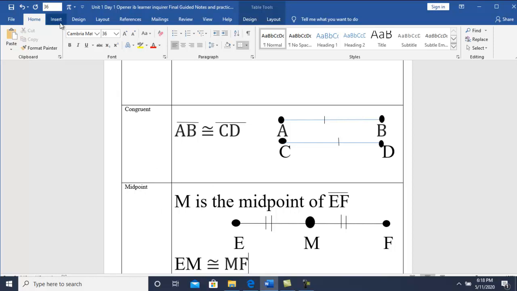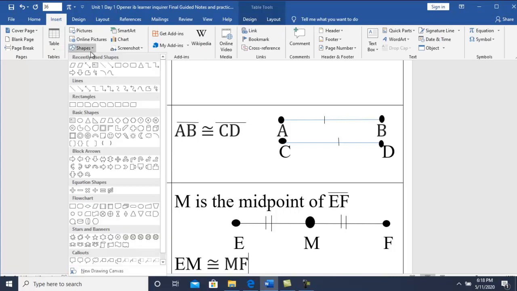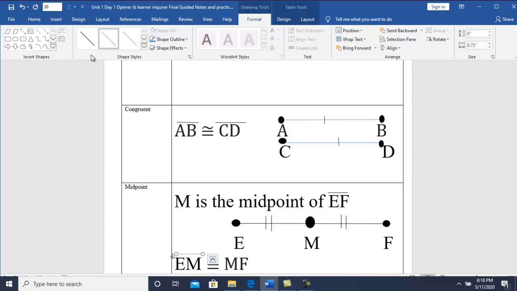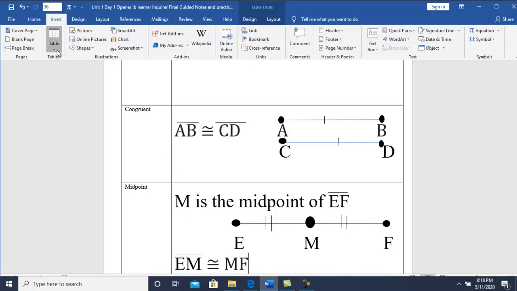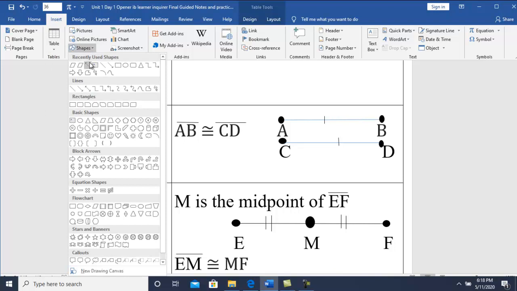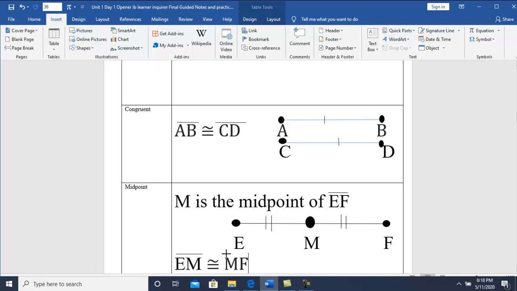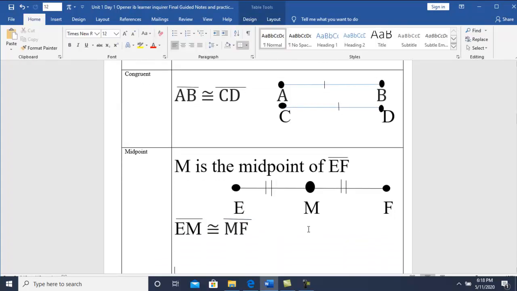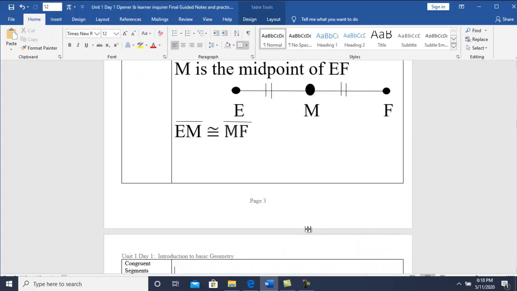And then we're going to underline these here. So that's an example of midpoint.